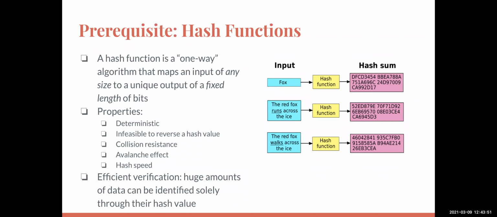No one has any better way to find the input other than just guessing inputs, which means basically you have to guess a huge number of times, like 2 to the 256, which is like the number of atoms in the universe. So it's completely infeasible to reverse good hash functions. Now some hash functions get broken, but generally the idea is it's completely infeasible and basically impossible.